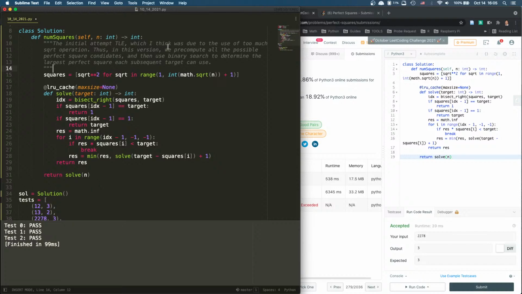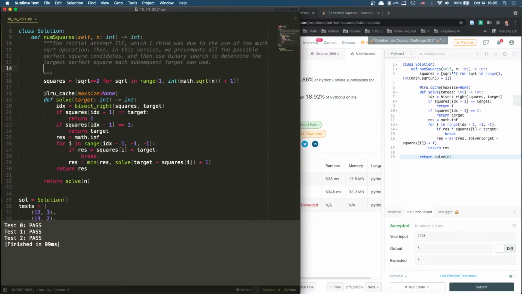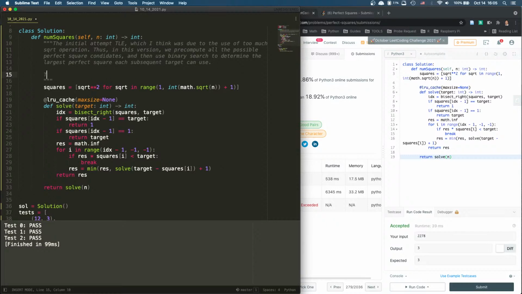All right, the initial attempt, which I think was due to blah blah blah. In this version, we pre-compute all the possible perfect squares, and then we can use binary search to determine the largest perfect square each subsequent target can use. Then comes the key trick.